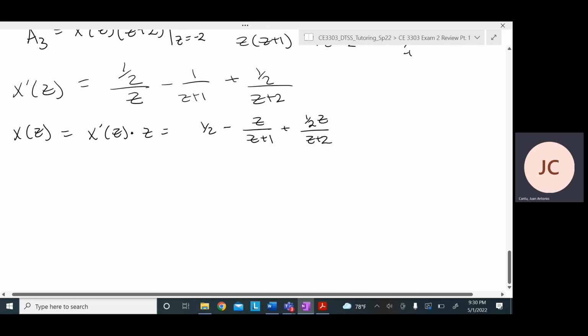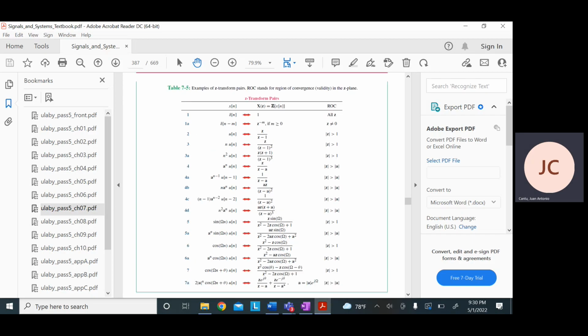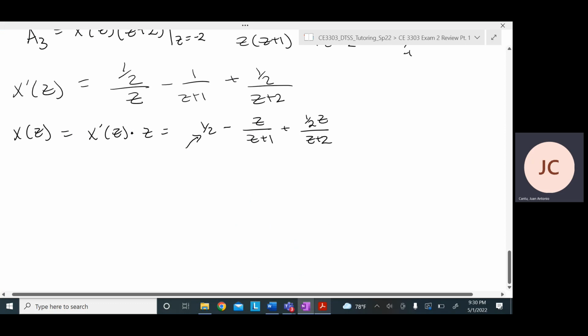And so now we just simply take the inverse z transform of these, which all of these have pairs. So this is simply a constant. So what's our pair for a constant? It's just the delta function, right? So this is going to be, say, x of n is equal to the inverse z transform of x of z.